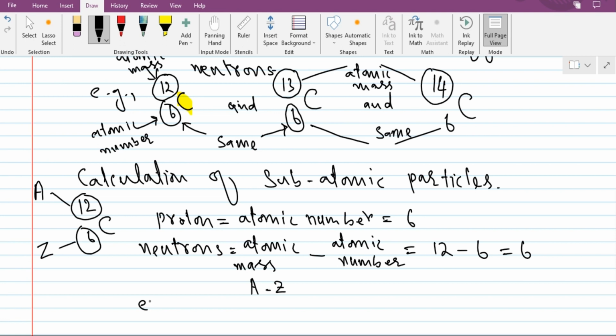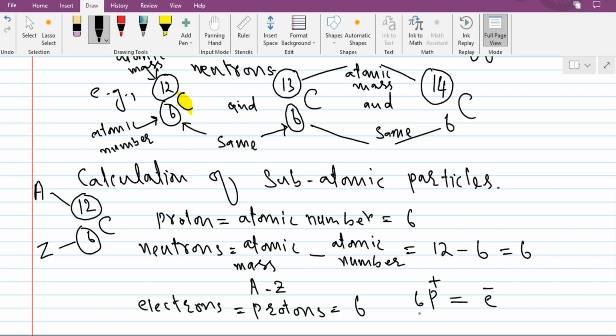The last one is electrons, and remember, electrons are always equal to protons because atoms are electrically neutral. How can I explain this? The proton is positively charged, whereas the electron is negatively charged, so they cancel out the effect of each other.